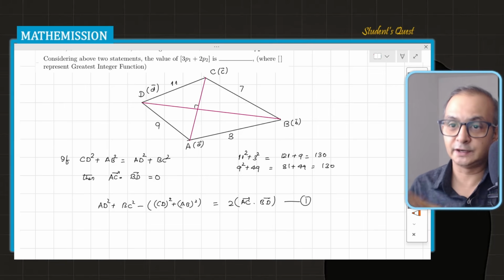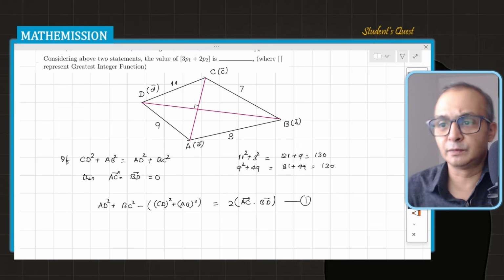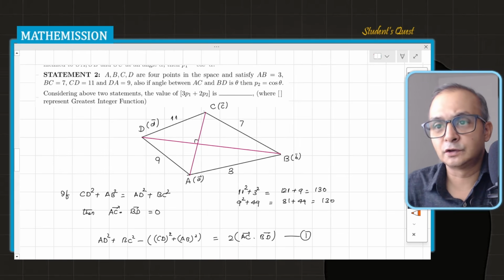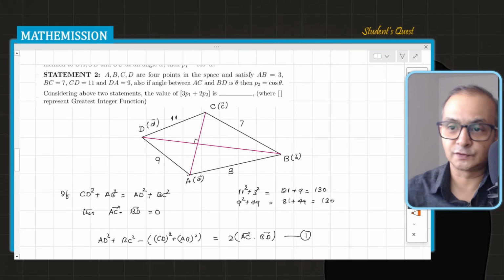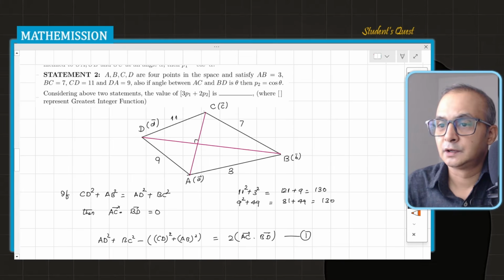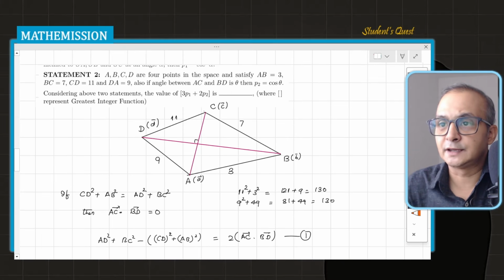How do we know that it is going to be so? This is a question based on your memory. If you have a good command over this kind of geometry and such formulas, we can do it in quick time. So from there we got that cos theta is going to be 0 because theta is 90 degrees. So P2 is going to be 0.